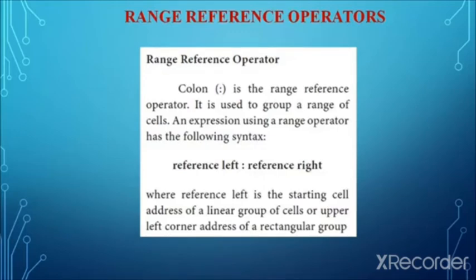So A1 colon A5 means it contains A1, A2, A3, A4 and A5. These 5 cells are a continuous group of cells. For selecting a continuous group of cells, we use this range reference operator.